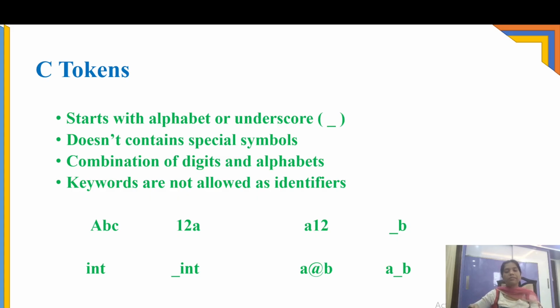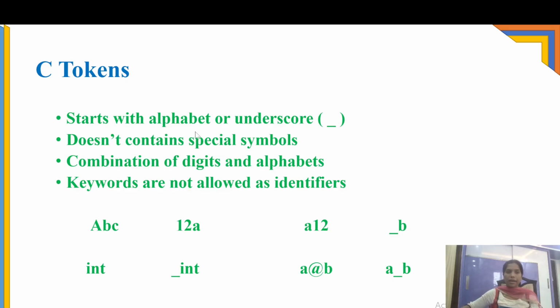For that purpose we assign names to those memory addresses. Those are called identifiers or variables. A variable or identifier means a storage location which can hold data.